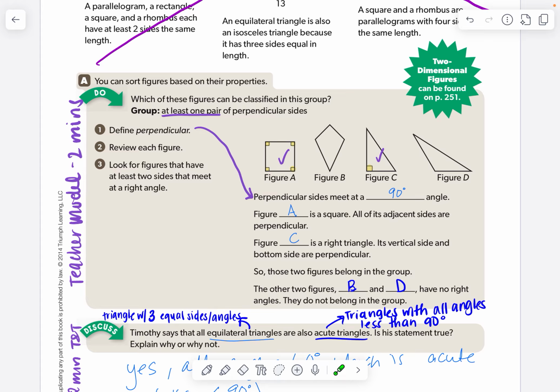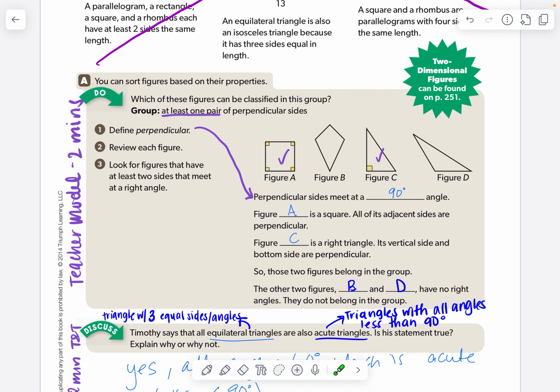At least one pair of perpendicular sides. This activity is going to be helpful because the two activities that students are going to do during their partner practice time are going to require them to do some grouping and some classification. So you want to talk through your process on how you're classifying so that they can make that work replicable during their partner practice time.